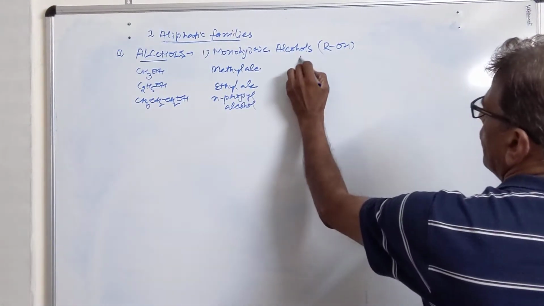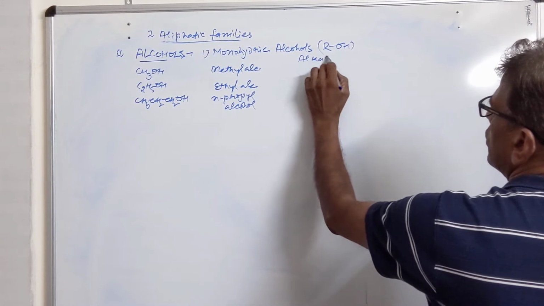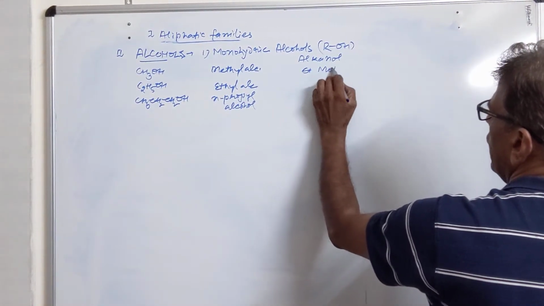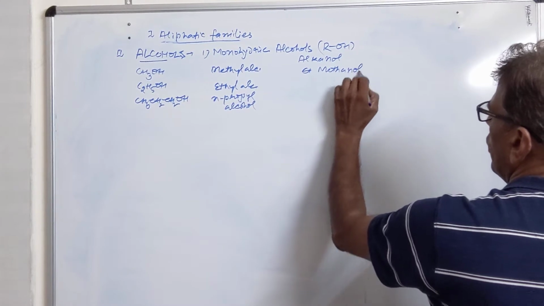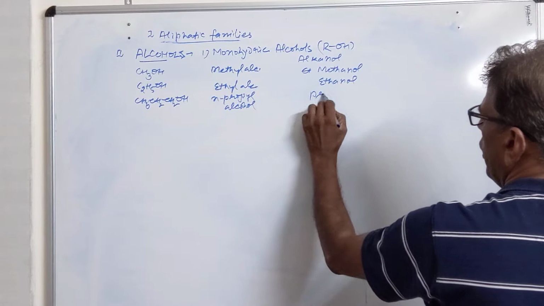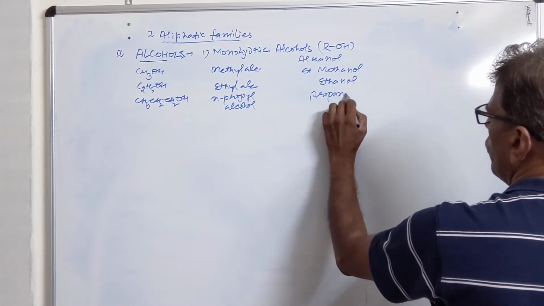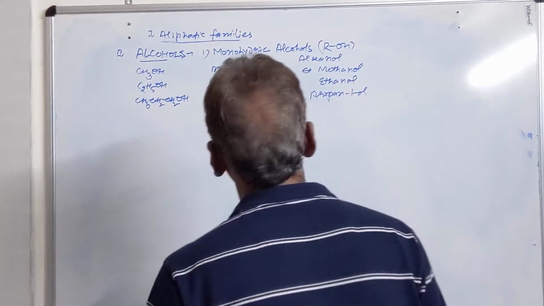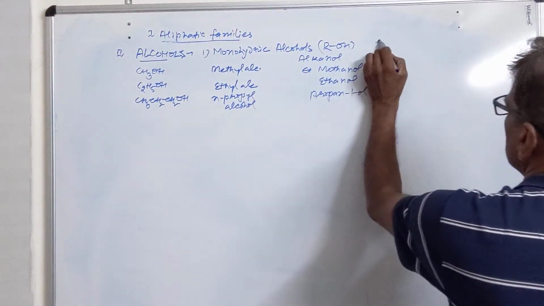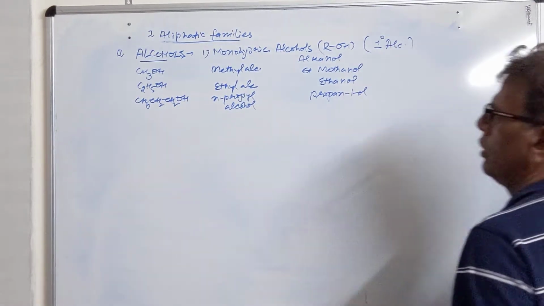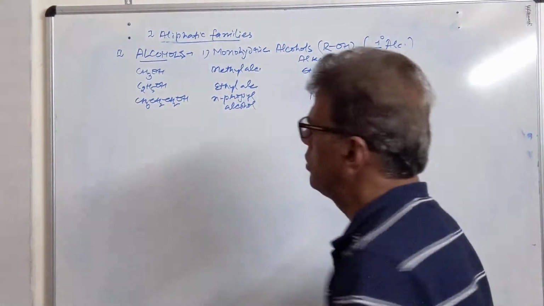Now they are named as alkanols. The first member is methanol, ethanol, propanol. So these are the primary alcohols. This is the first class, primary alcohols.